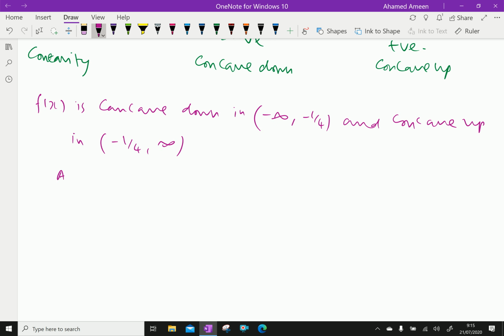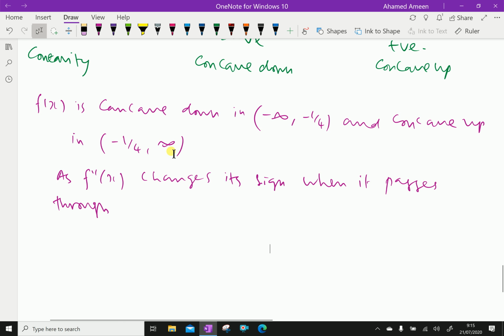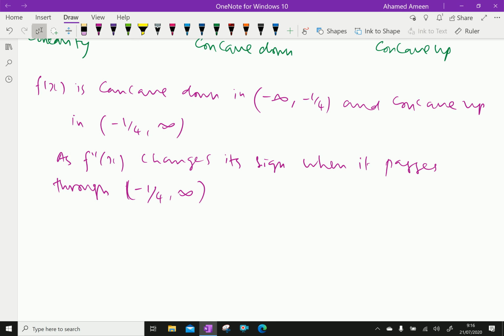Now as f double dash of x changes its sign when it passes through minus 1 by 4, that is, the concavity changes.